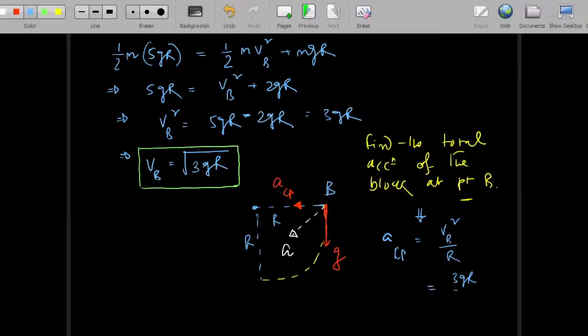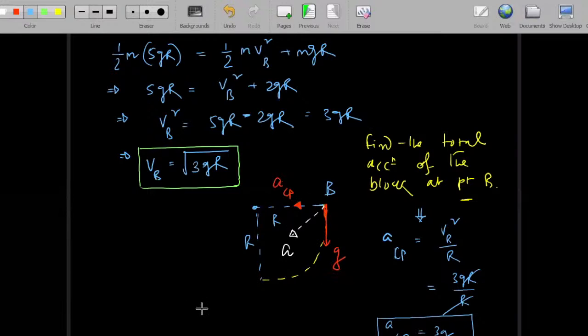It is 3GR divided by R. R cancelled off. A centripetal is equal to 3G.